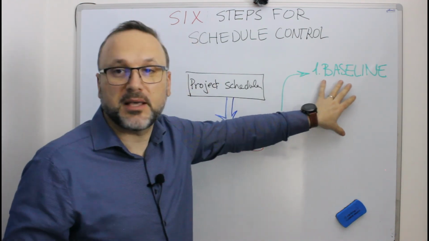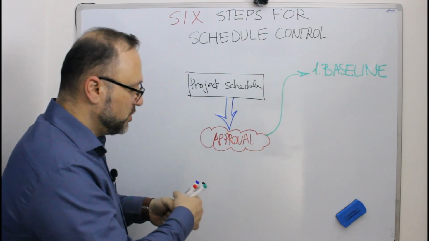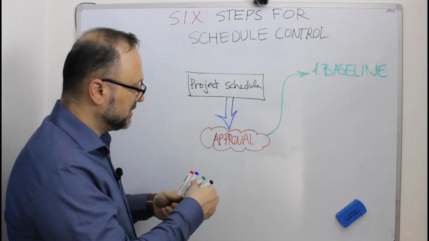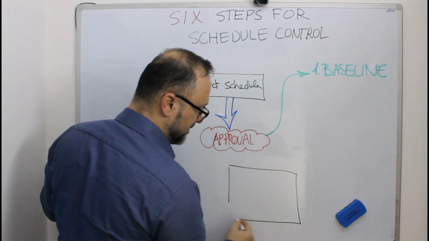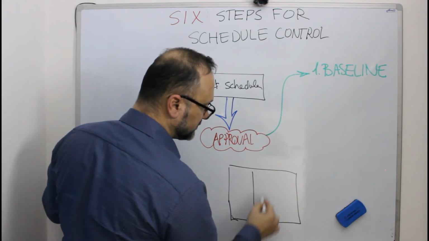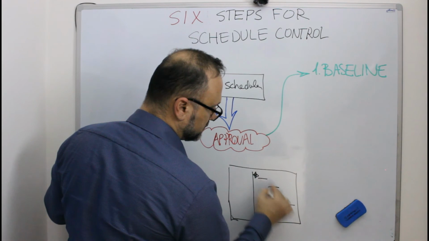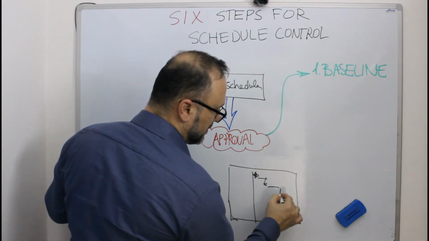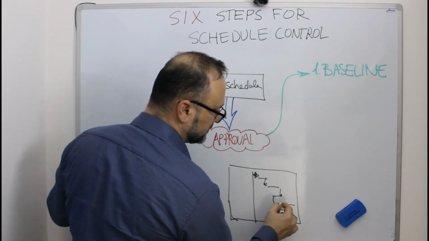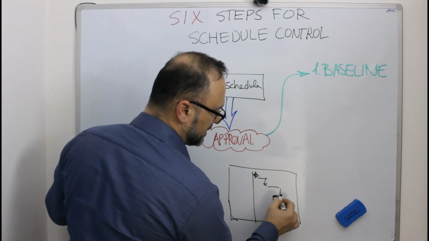So the next step after making the baseline, and you have your project schedule, I will draw one simple project schedule Gantt chart over here. Okay, if you consider that this is your project schedule, just an example.